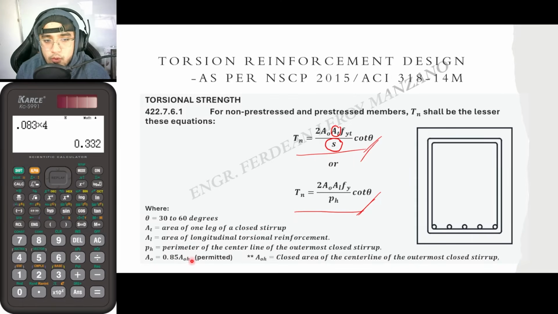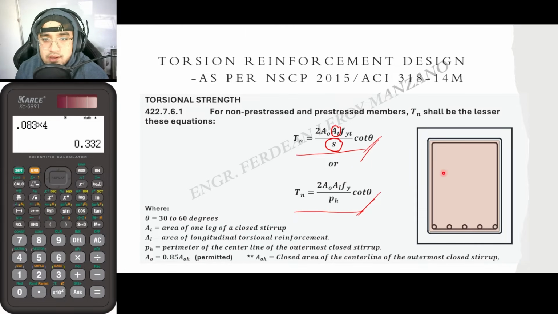And what is AOH? AOH is the closed area of the center line of the outermost closed stirrup. What that means is that in this figure, suppose these are our stirrups, we would pinpoint their centers and travel through the center of the closed stirrup.